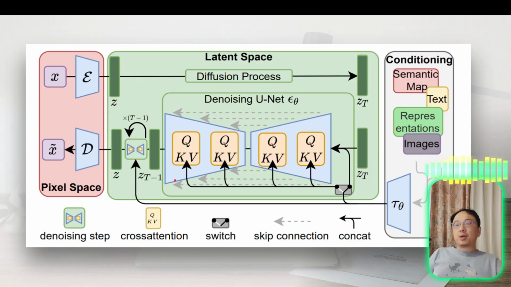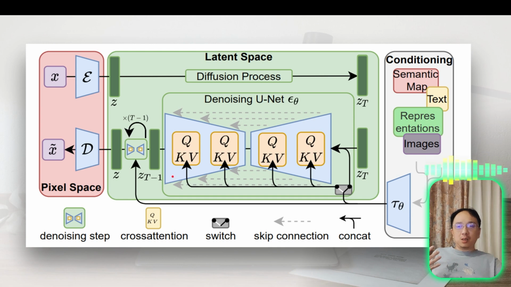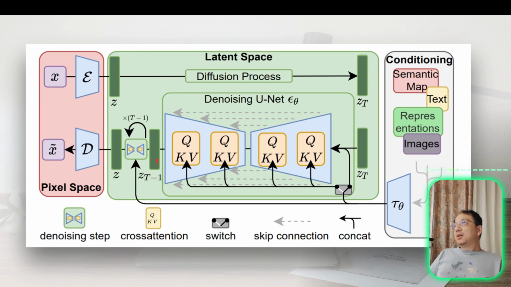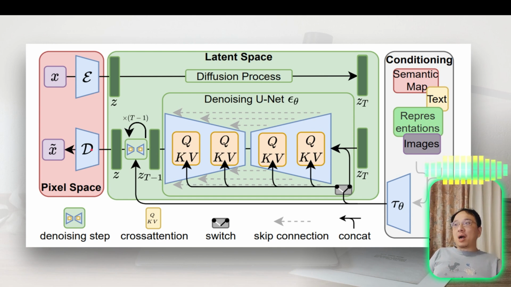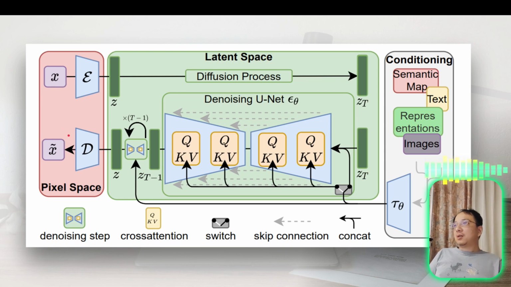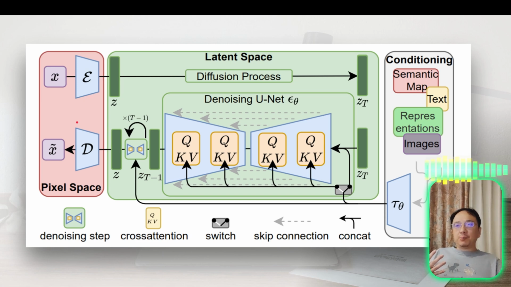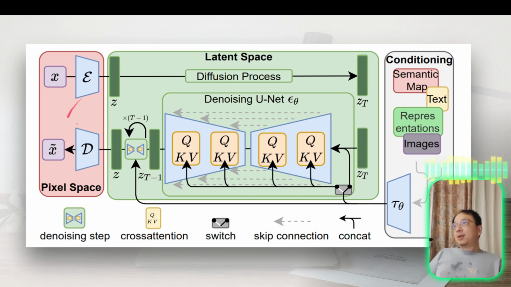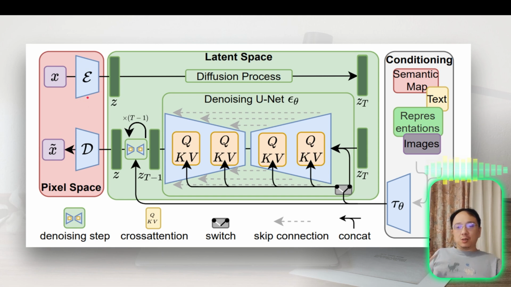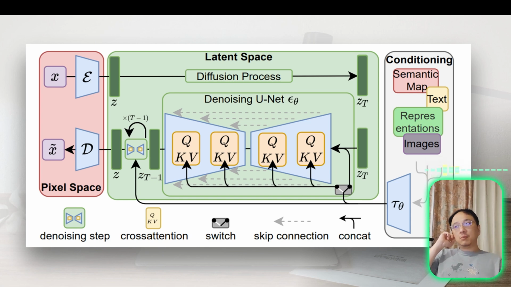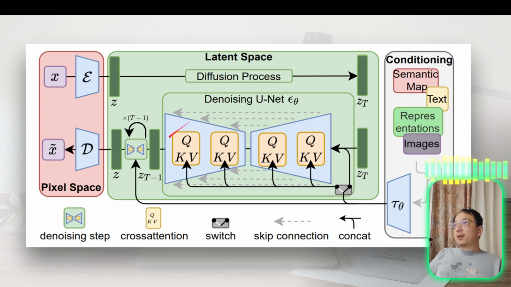Let's do a quick summarization of the architecture of Stable Diffusion. It contains three major parts. The first part is the variational autoencoder. It can convert the image from pixel space into a latent and convert a latent back into pixel space. It is basically very similar to the autoencoder in VQGAN. The second part is the UNet, which does the denoising job in latent space.